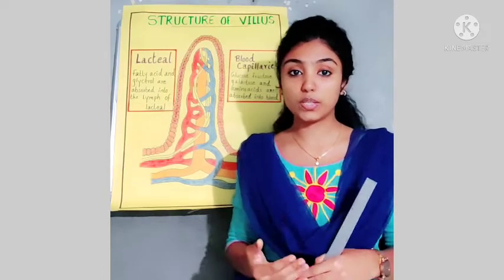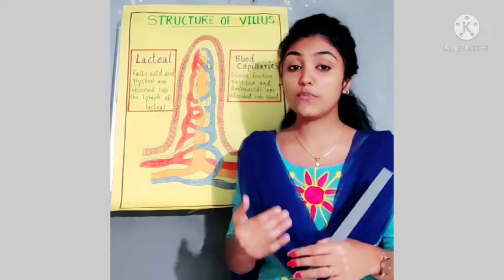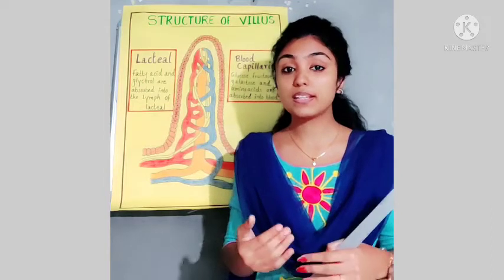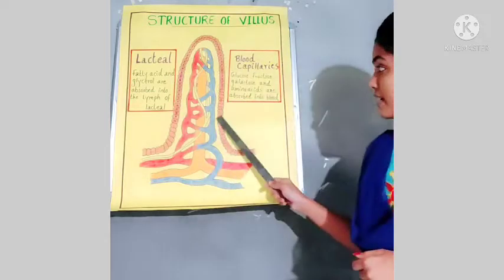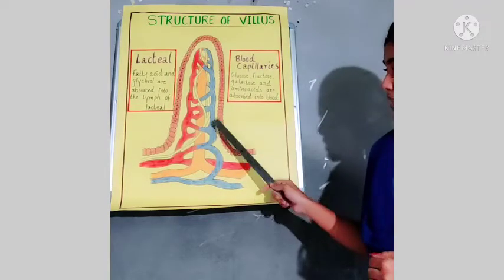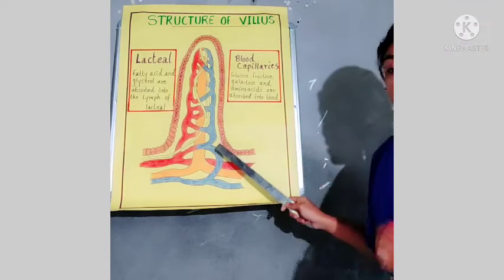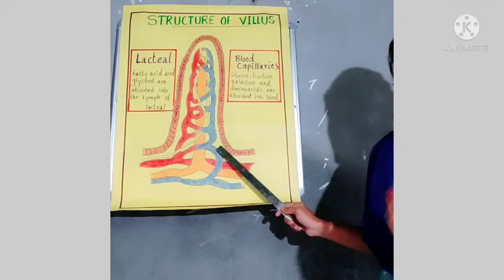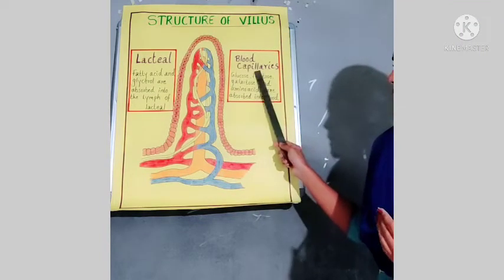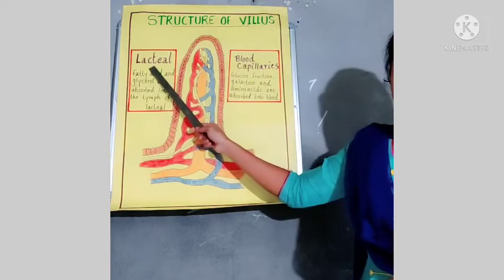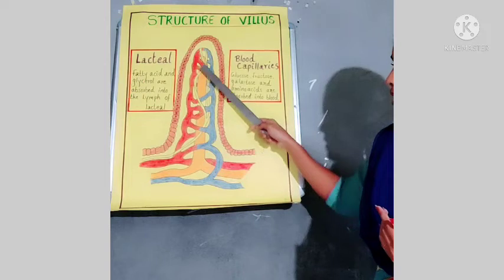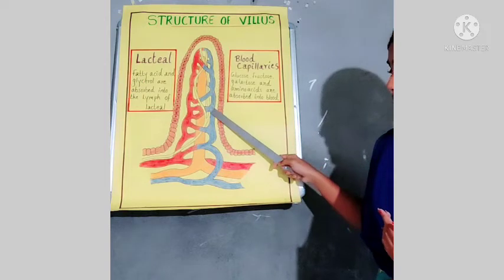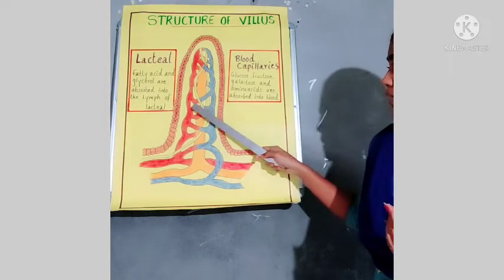So we already know that villi are small finger-like projections seen at the inner wall of small intestine. So this is a single villus, and here you can see this is the exact structure of a villus, and it consists of blood capillaries and also lacteal. So where are the blood capillaries? Yes, these are the blood capillaries which are given in blue and red color.